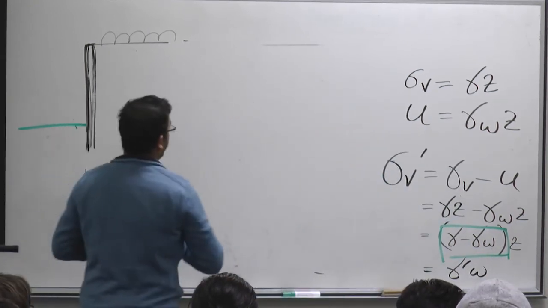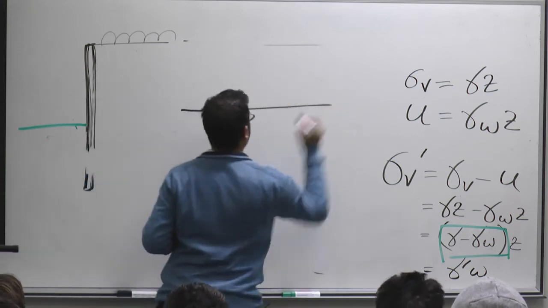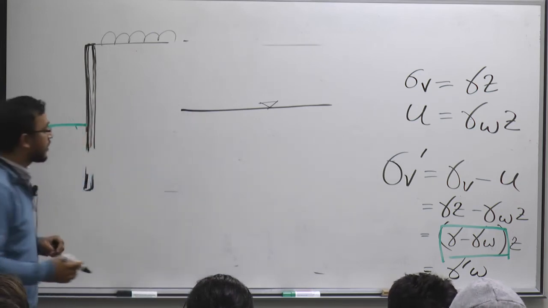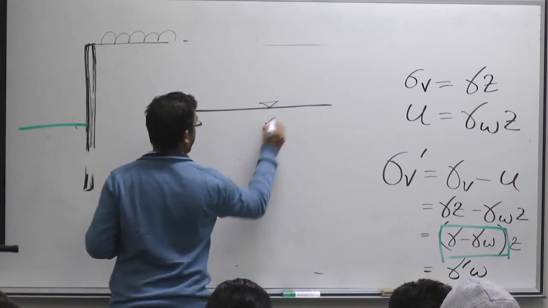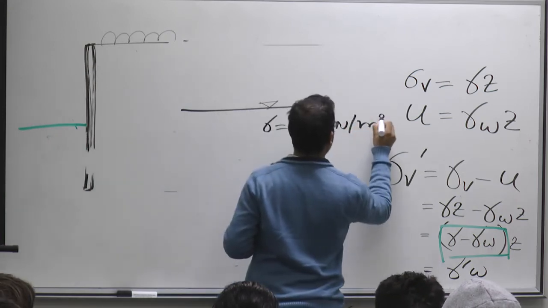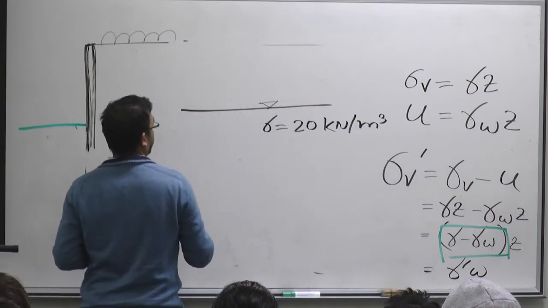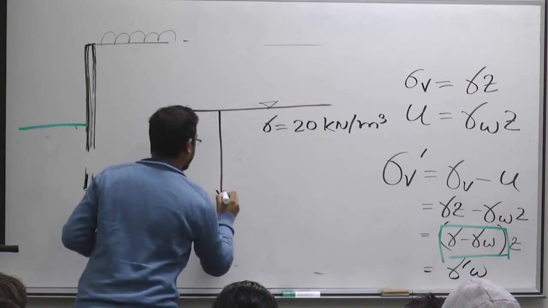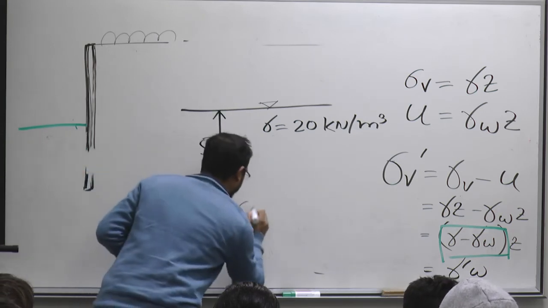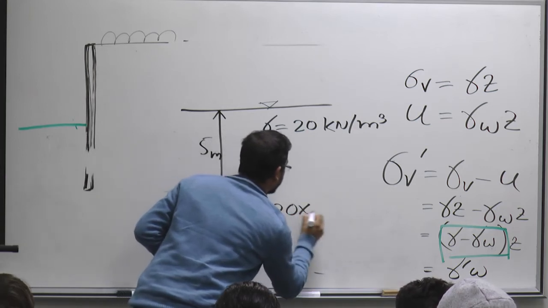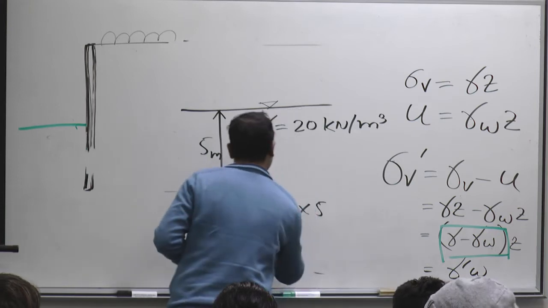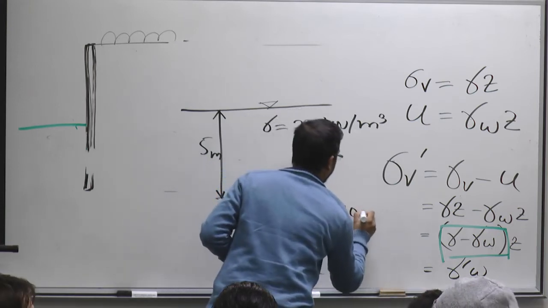What it means, if I have a soil over here and also water table over here, right? And let's say unit weight gamma is 20 kilonewton per meter cube. Then at 5 meter depth, sigma V equals 20 times 5, equal to 100 kPa.